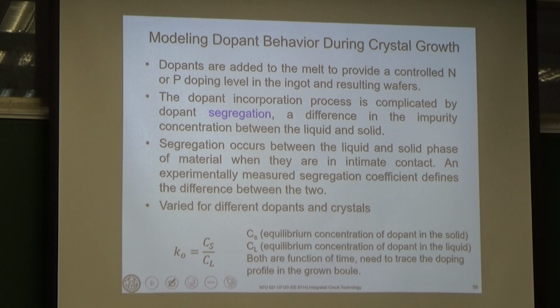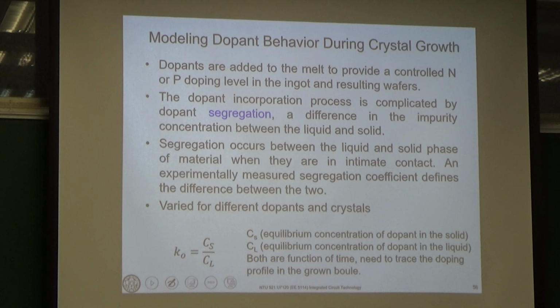If you want to grow a P-type substrate or P-type ingot, we can put some boron. Or if you want to grow an N-type substrate, we can put other dopants like arsenic or phosphorus into your melted silicon.